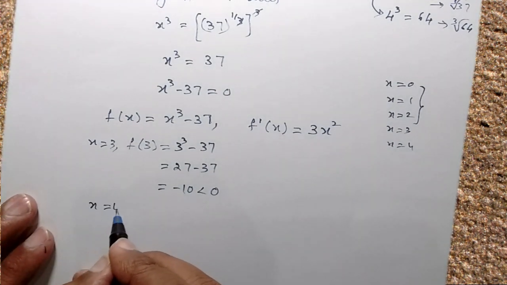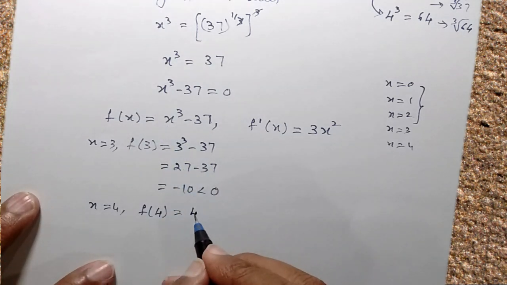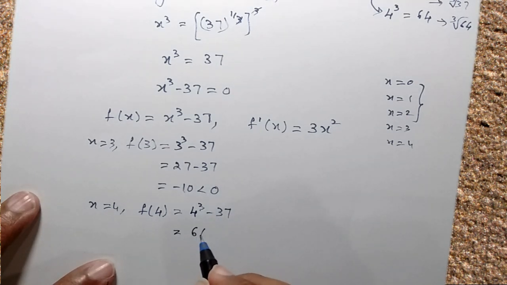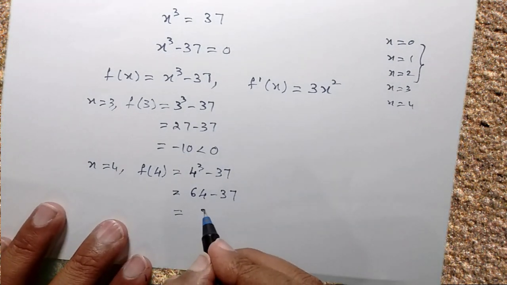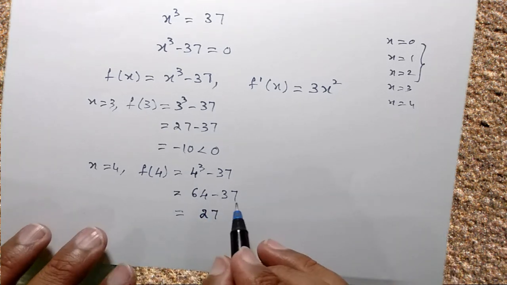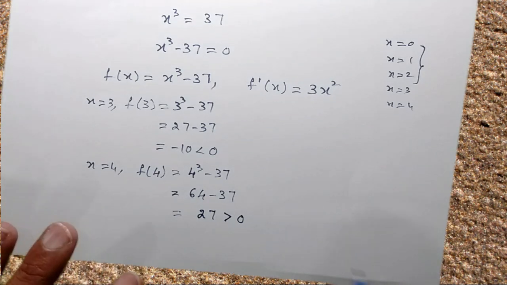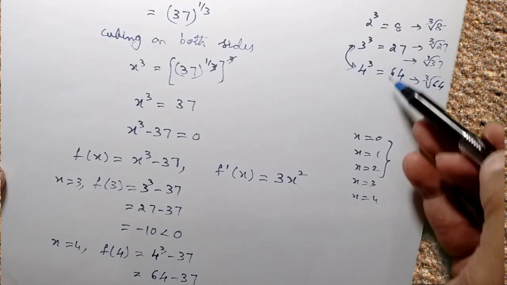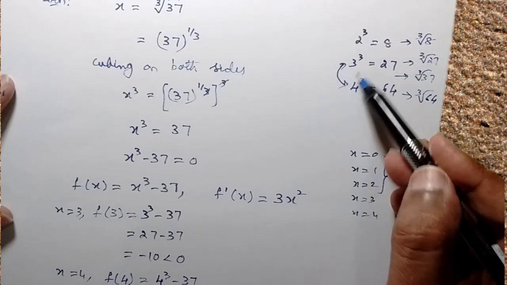Next, if I take x as 4, f of 4 will be 4 cube minus 37. 4 cube will be 64, minus 37 will be 27. And this value is greater than 0. So you can see that one is less than 0, one is greater than 0. Using this logic, I came to know that the cube root lies between 3 and 4.